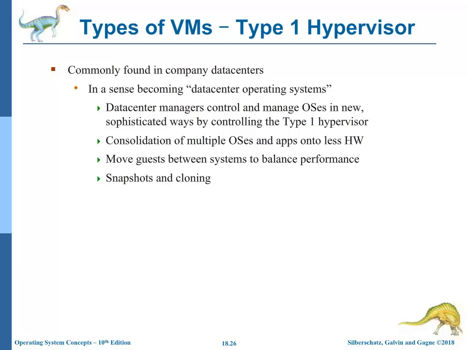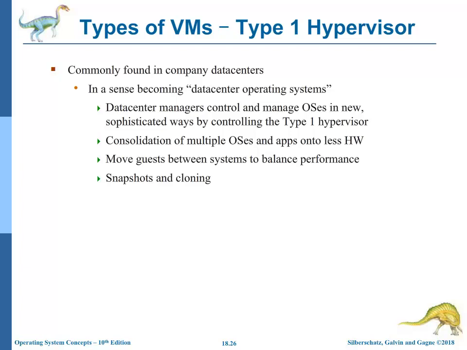A Type 1 hypervisor, also called a bare metal hypervisor, is a layer of software we install directly on top of a physical server and its underlying hardware. There is no software or any operating system in between, hence the name bare metal hypervisor. A Type 1 hypervisor is proven in providing excellent performance and stability since it doesn't run inside Windows or any other operating system.